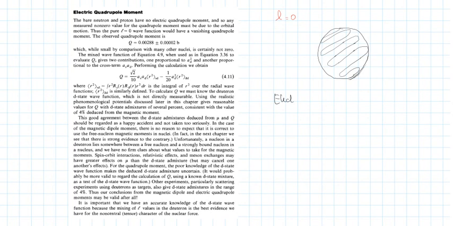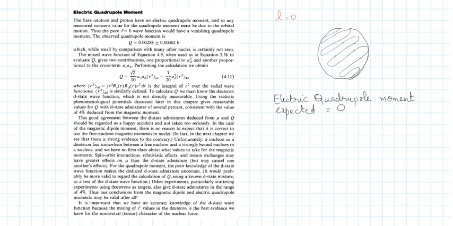If you remember our previous lecture, we mentioned that the electric quadrupole moment tells you whether your nucleus is spherical in shape or not. So if you consider the L equal to 0 state, you expect the charge distribution to be spherically symmetric, and therefore the expected electric quadrupole moment is 0.